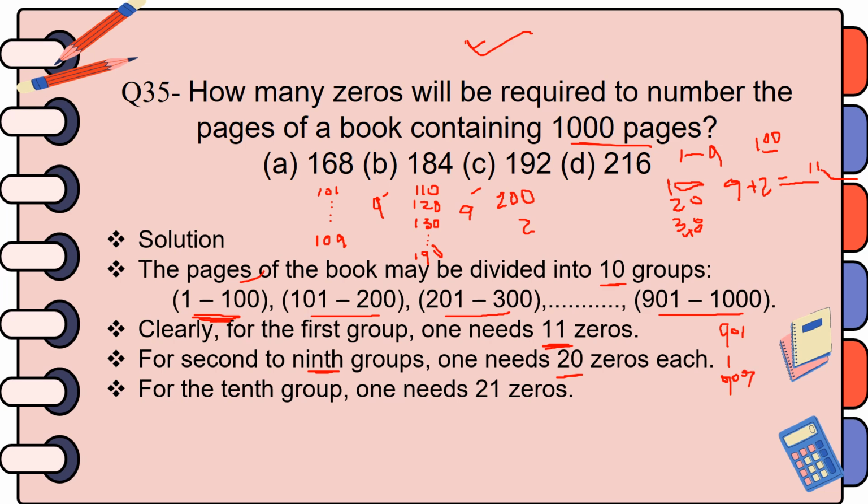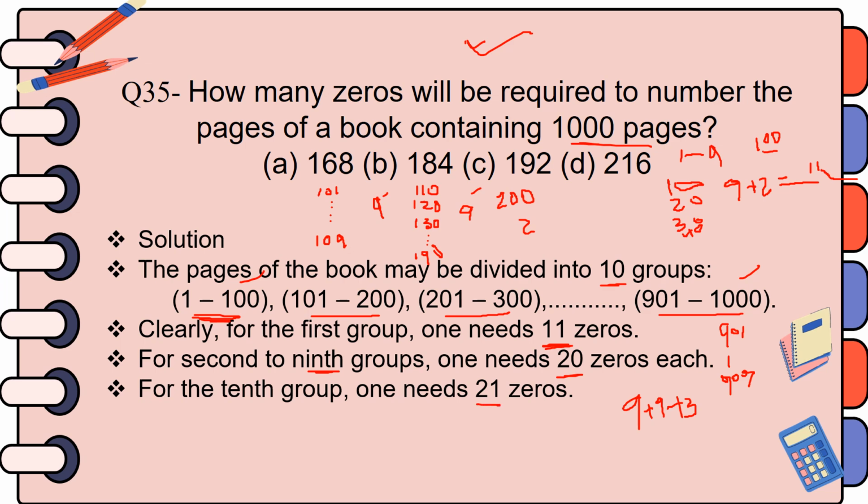Again, from 910, 920 up to 990, there are again 9 zeros. Then the last page is 1000. On 1000, there are 3 zeros. So 9 plus 9 plus 3 is equal to 21 zeros.